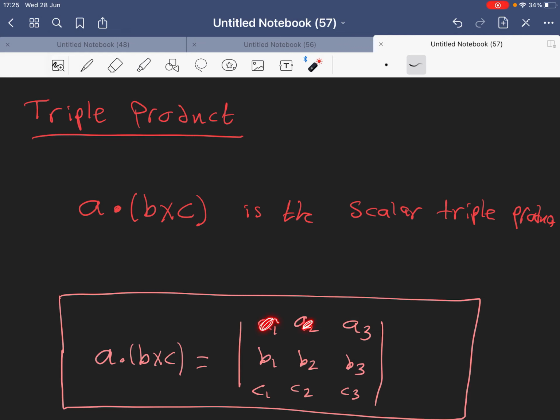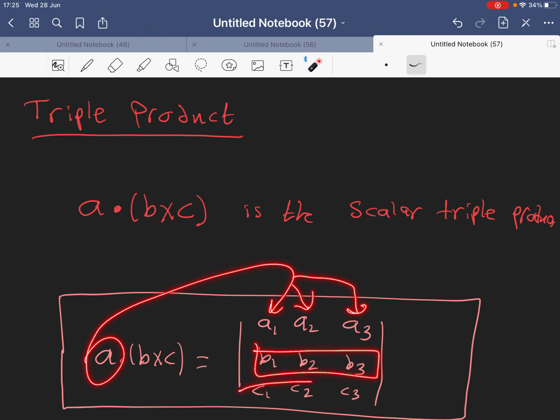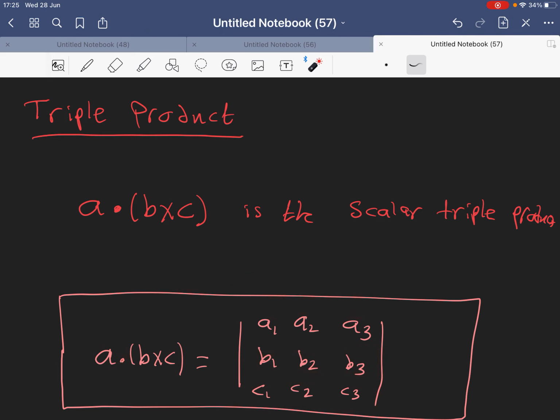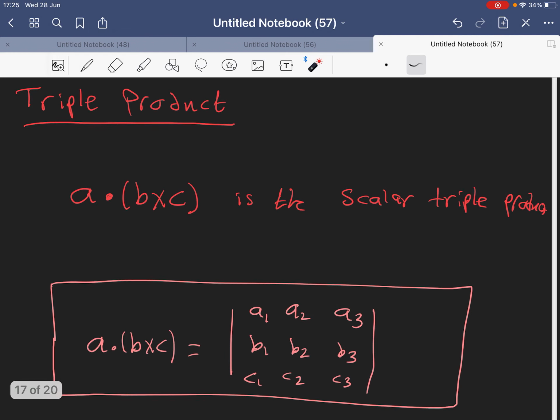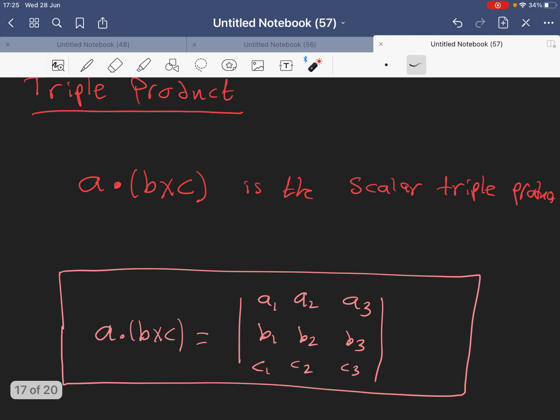So instead of i, j, k, we just need to write the coordinates of A. So we take the coordinates of A and we write it here. Of course, here we write the B's and here we write the C's. We don't change them. So this, we call it the scalar triple product.